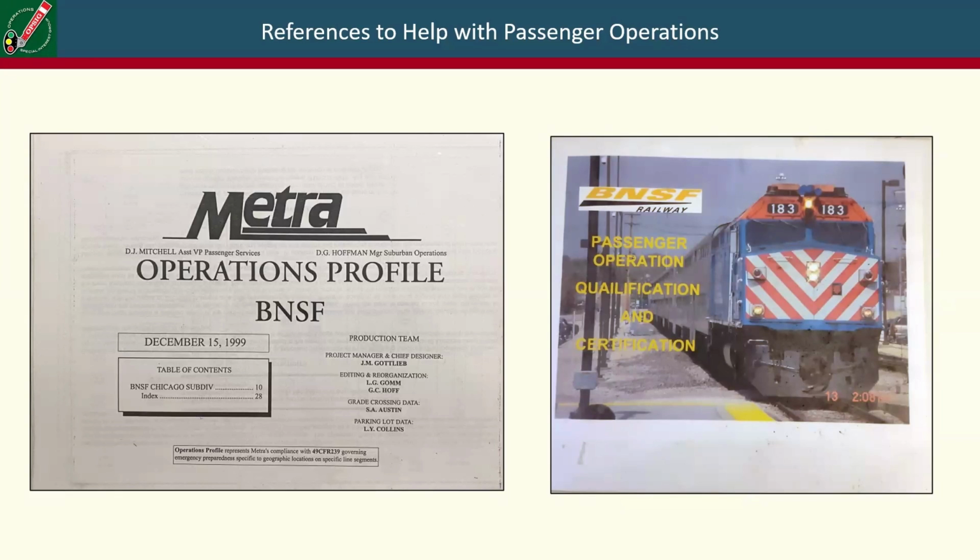So if you can find an engineer or conductor who worked on the line you model, or even on eBay, you might be able to find a book like that. That book gives me pretty much everything I need to know about Metra operations on the BNSF, former BN, former CB&Q line, including diagrams of the passenger cars and engines.